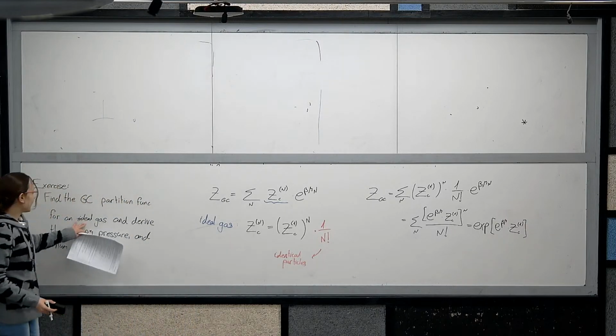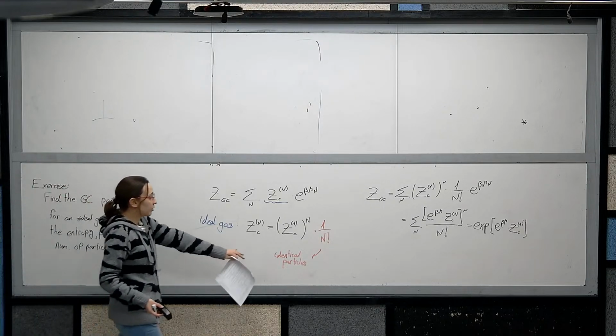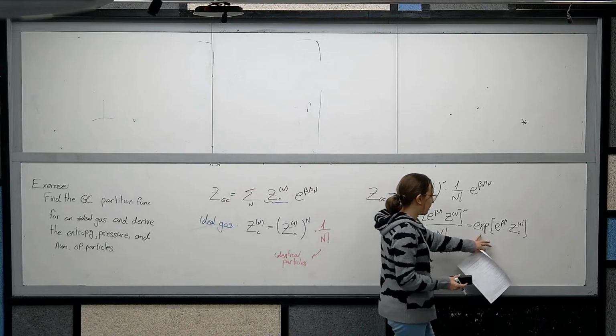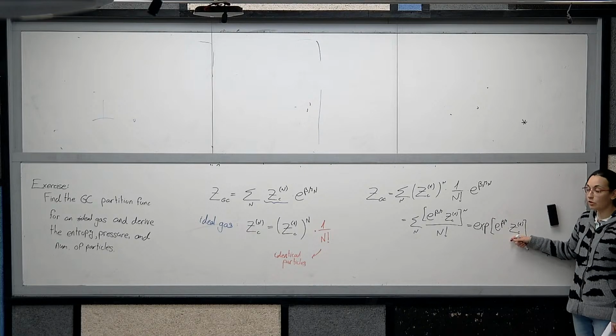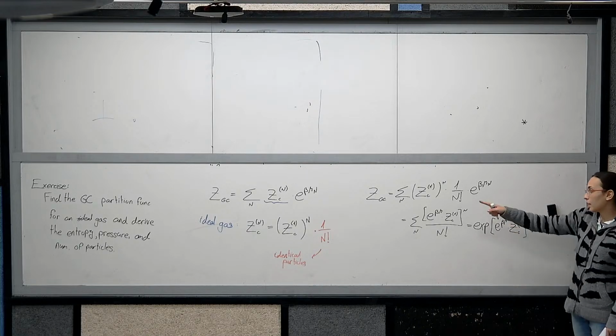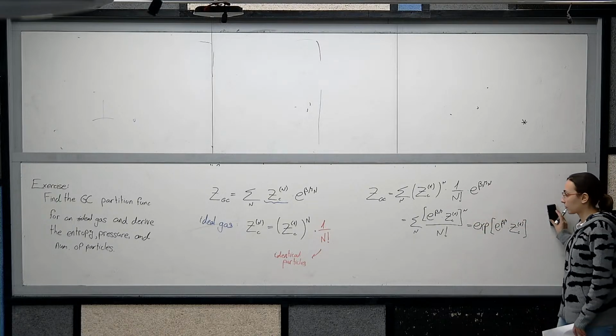So we have an ideal gas and we want to find the grand canonical ensemble, so we're just going to use this formula. We're just going to calculate this subsystem partition function for one particle and then get the grand canonical partition function for the whole system.